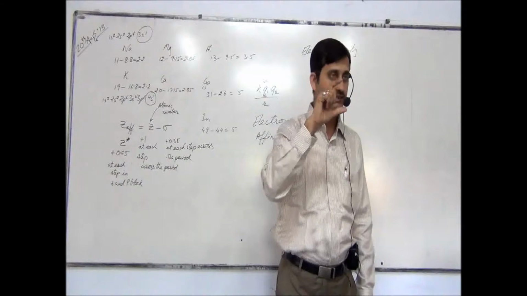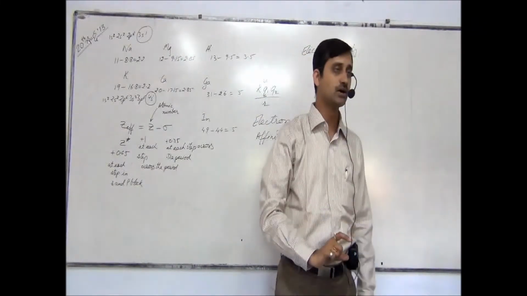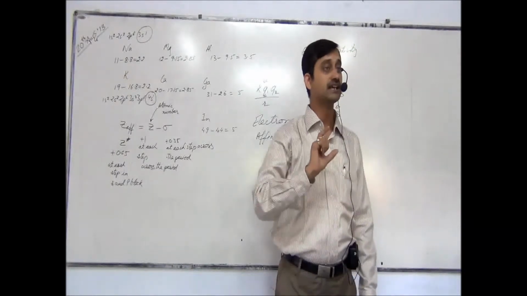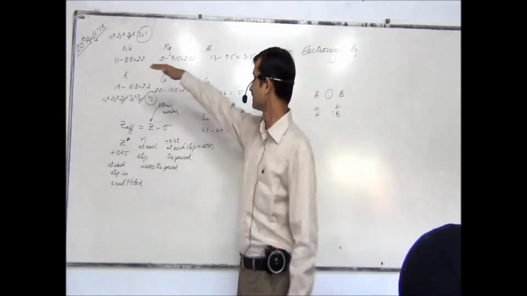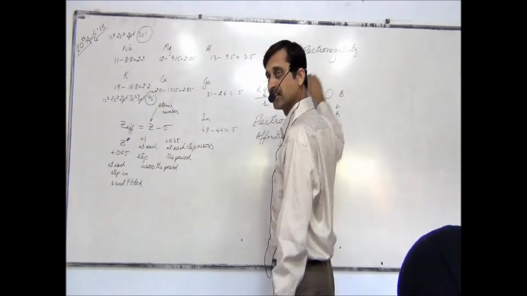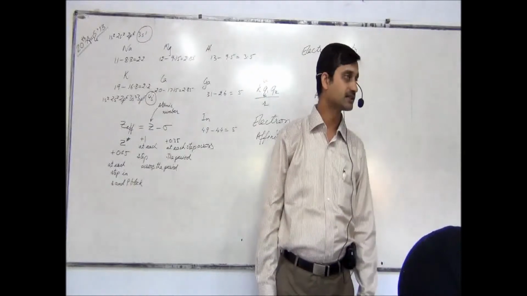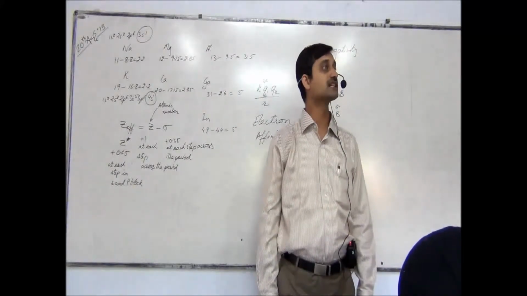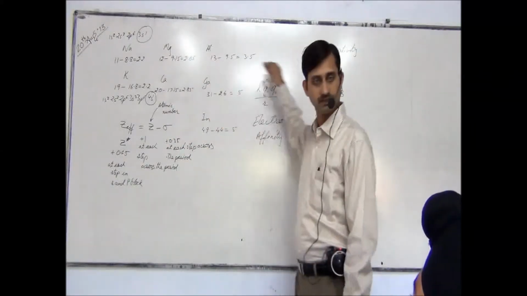So the point is, effective nuclear charge decreases down the group because there is an increase in the number of shells. Across the period, atomic number increases, but the electrons are being added in the same shell. And when the electrons are being added in the same shell, the effective nuclear charge increases across the period.